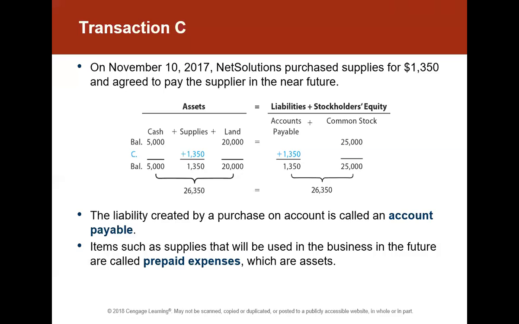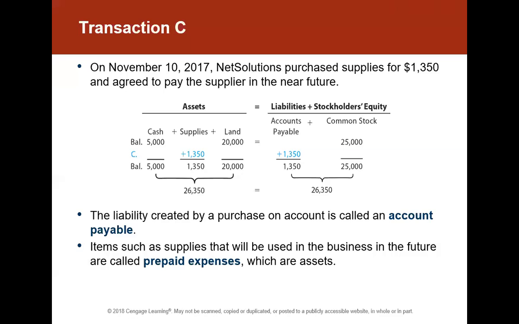So that's why we call supplies prepaid expenses. We're paying up front, and when we have them and hold them, they're assets. Because if I hadn't used this at all, I could technically take it back and get my money back for it, right? It has value. But as I use it up, I need to expense it out. So when we first purchase supplies, we're going to increase the supplies asset account.